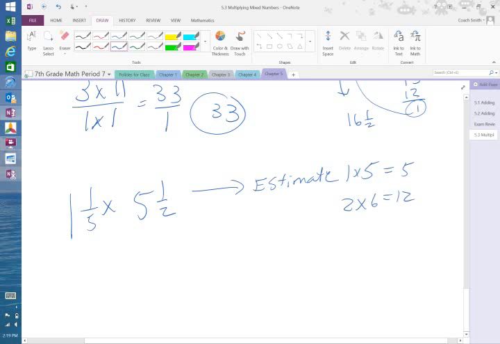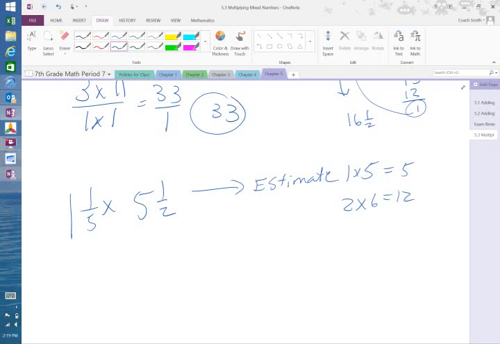So the whole numbers as they are give me the low end of our estimate, and then rounding 5 up to 6 and rounding the 1 up to 2, 2 times 6 is 12. So my answer must be between 5 and 12. Now, this one is at a half. This one's at a fifth, which is not close to half, so it's probably going to be closer to the 5 end than the 12 end. Okay? Yes, Isaiah?